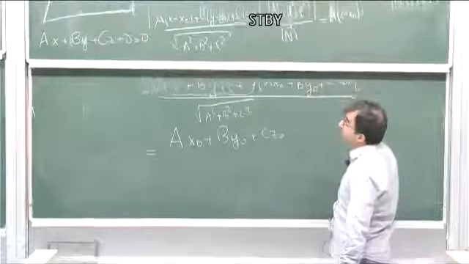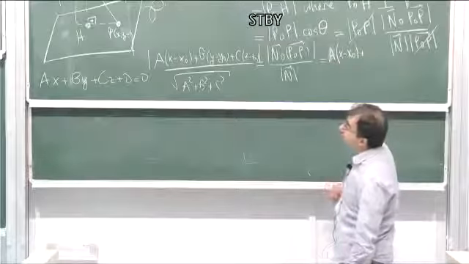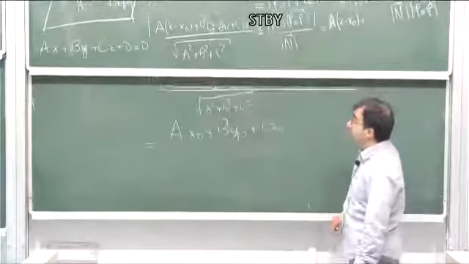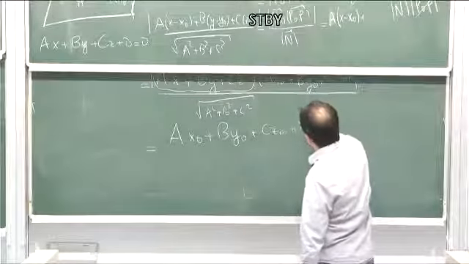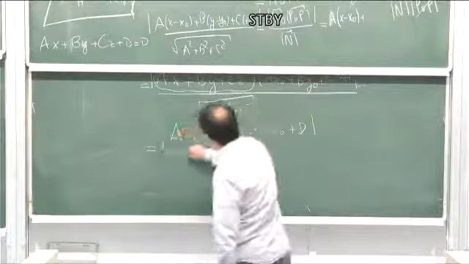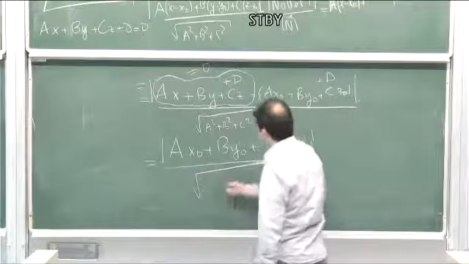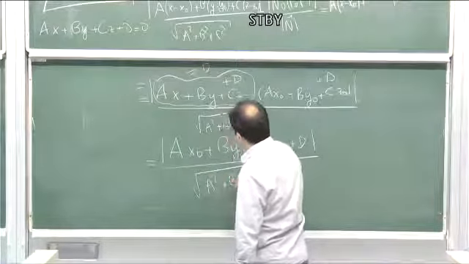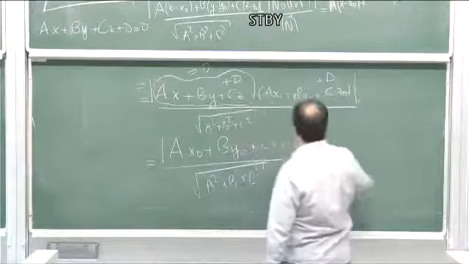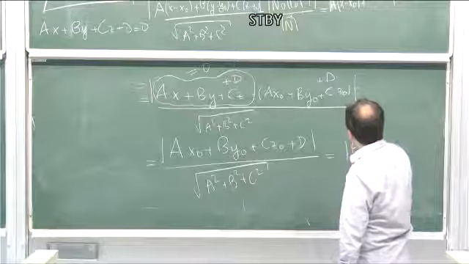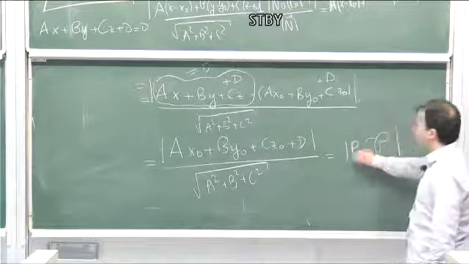They are the coordinates of the point P0 whose distance to the plane we want to know. This would be the distance between the point P0 and P.